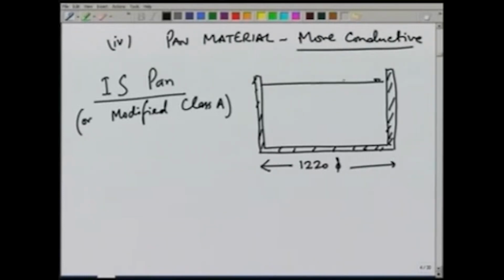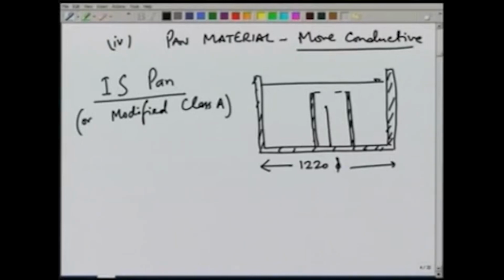The height of water is measured by using a stilling well. So there is a stilling well here which will damp out any fluctuations in the water level, and the stilling well has a water gauge here, a fixed gauge, to measure the water level.